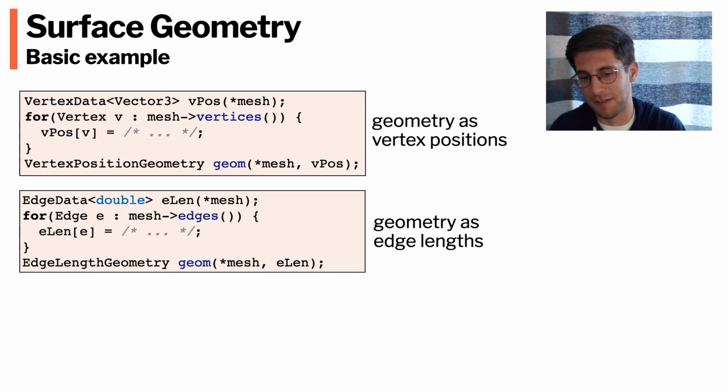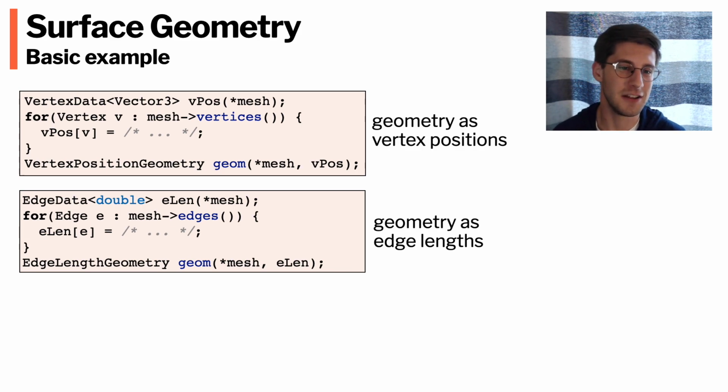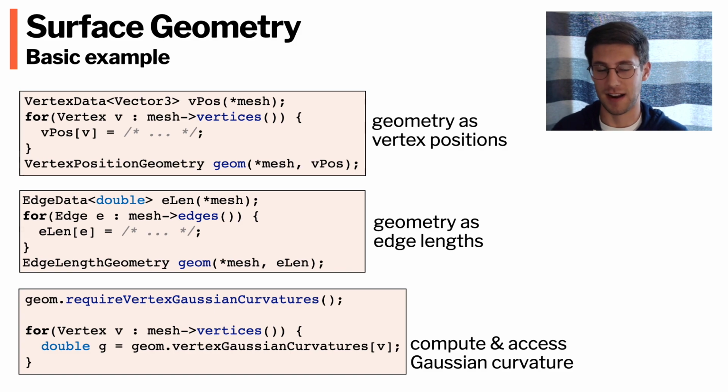So here again, if you have a length associated with each edge, you could create an edge length geometry object by passing in a mesh and a length for each edge. Now with either of these strategies, or many other strategies you might use to define geometry, you can just call geometry.requireGaussianCurvatures, and this object will populate a buffer of Gaussian curvatures at each vertex, which you can then access with any vertex.